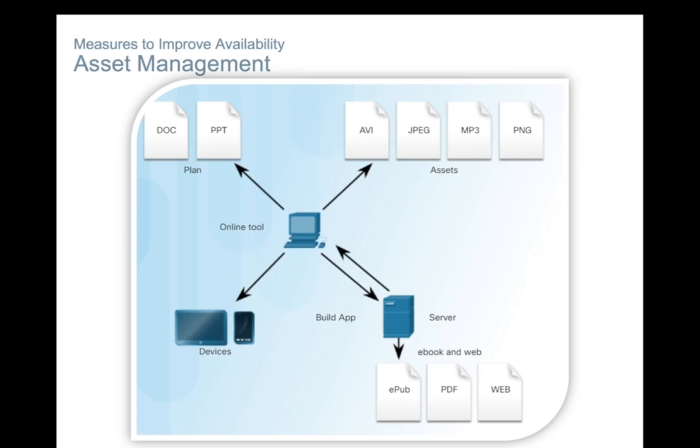In asset management, an organization needs to know what hardware and software are present as a prerequisite to knowing what the configuration parameters need to be. So, asset management includes a complete inventory of hardware and software.